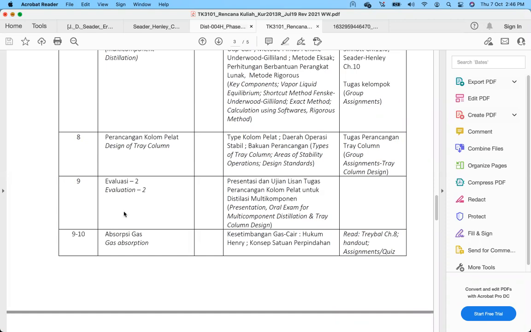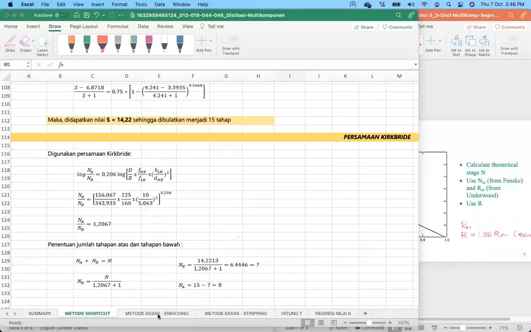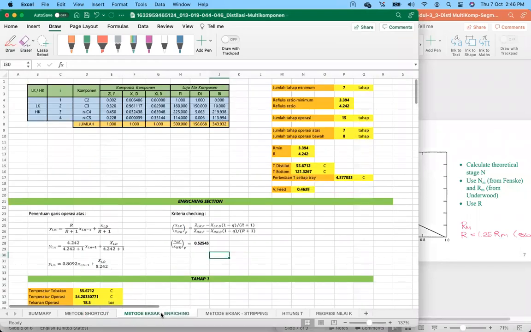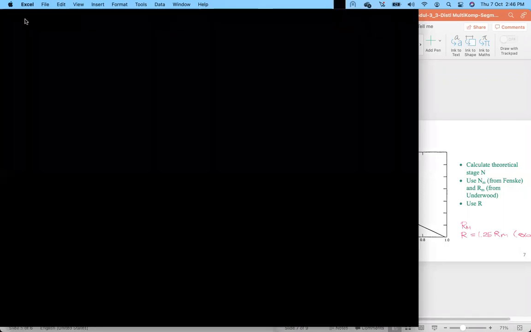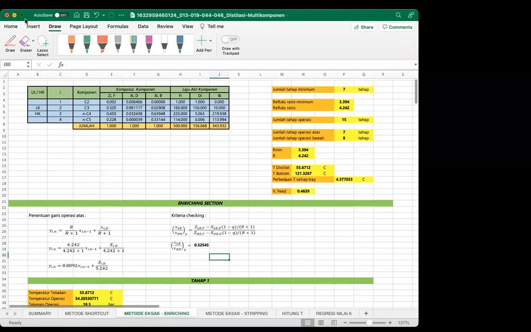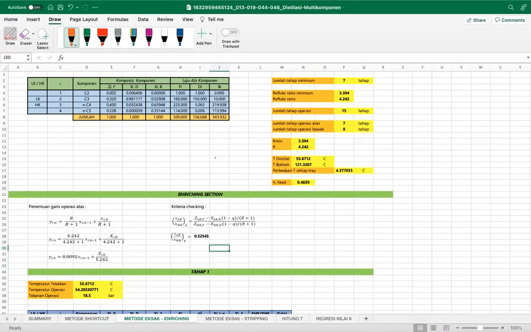All right, the next step is the exact and the enriching. So these are all the ones that we get from the shortcut.